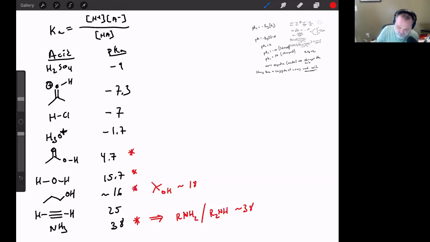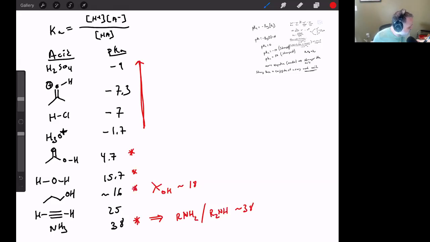Once you start talking about all this other stuff, all you really need to know is that their values are negative, and so they're really, really strong acids. At the end of the day, that's really all you need to do. Familiarize yourself with this chart, and if you were going to memorize something, memorize these 4 values that I've included there at the bottom of the screen.